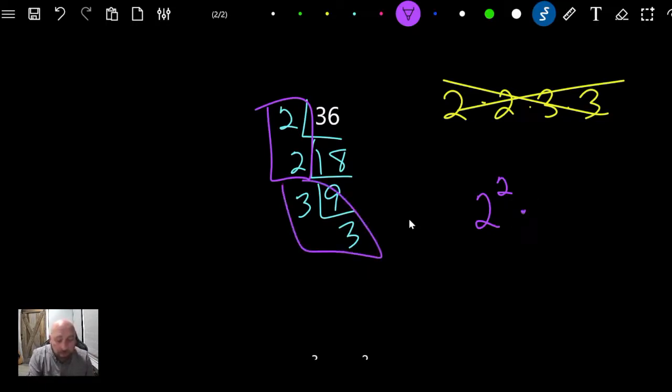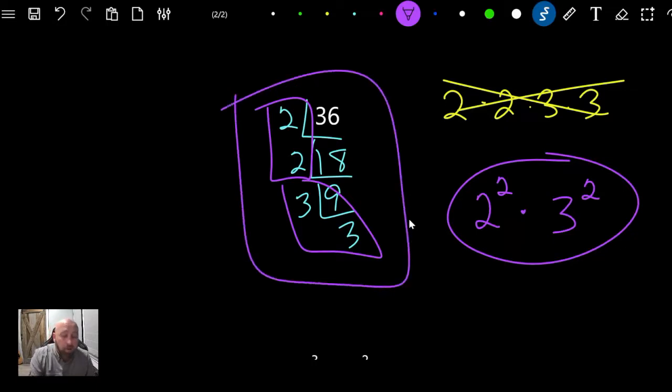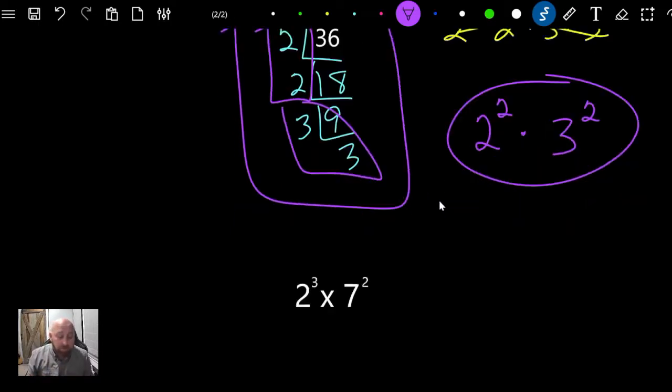And then we had 3's. So 3 is our next base. And how many times was the 3 multiplied by itself? Right, 2 times. So the faster way to write this would be 2 squared times 3 squared. And that is a good way to write your prime factors, using exponents once you actually do your factors.